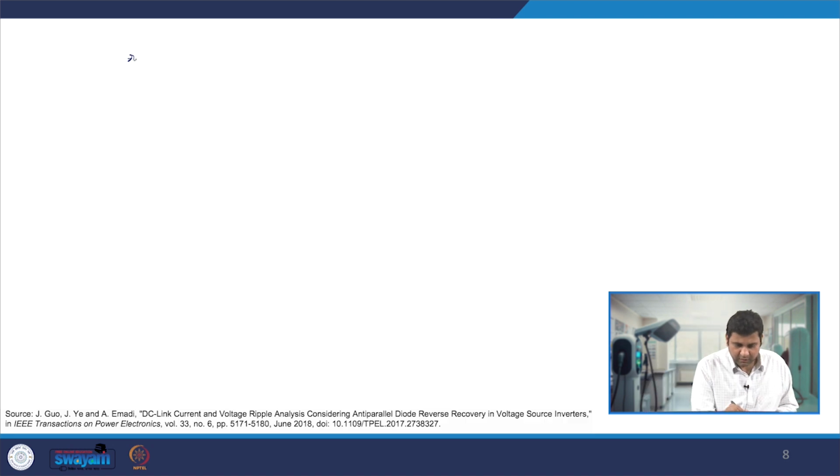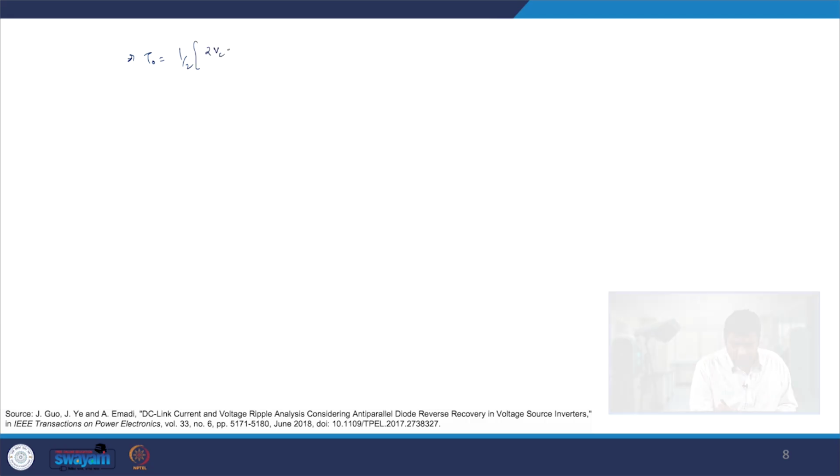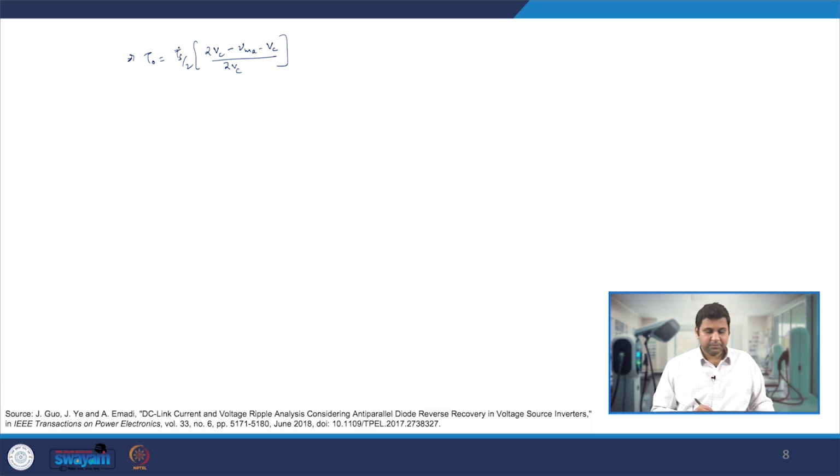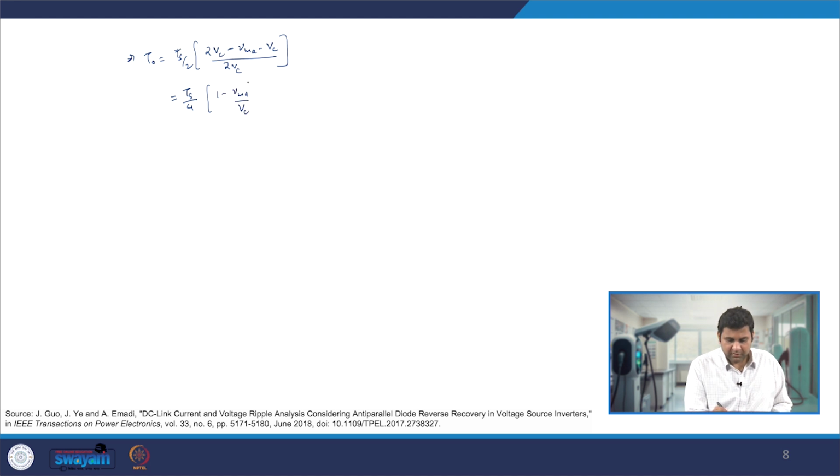When we write down T0, 1 by 2 comes out as 2 Vc minus Vma minus Vc by 2 Vc, so it is nothing but Ts by 2, and when we do that we get Ts by 4 times 1 minus Vma by Vc.